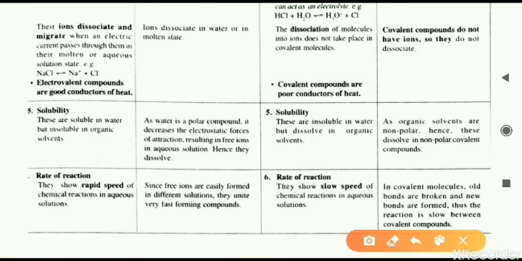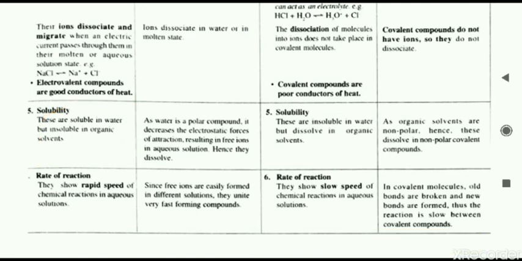Solubility means whether the compound can dissolve in water or any other solvent or not. The ionic compounds are soluble in water but insoluble in organic solvents. These organic solvents are generally non-polar solvents, and water is a polar solvent.